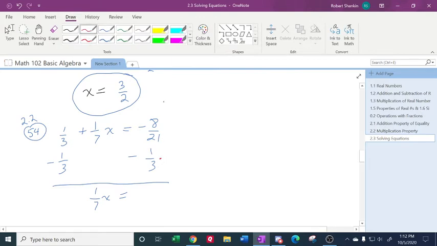The LCD between these two is 21, because 3 and 21 both go into 21. So if we multiply by 7/7, we get it. So then negative 8 minus 7 is negative 15/21.